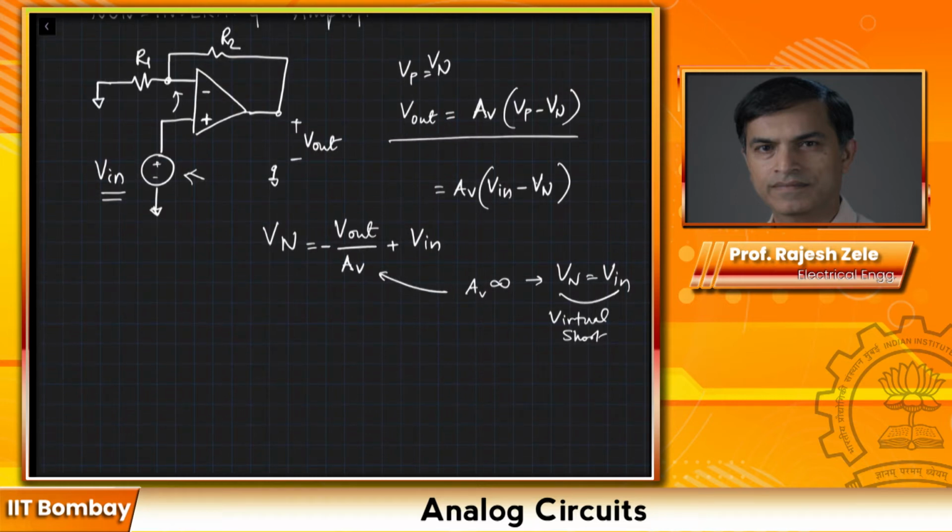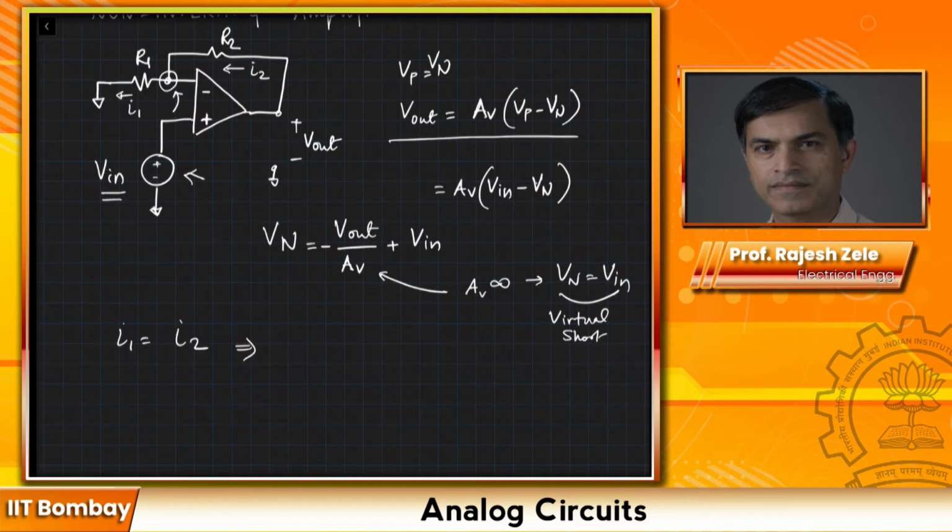Now let's look at the KCL at the Vn node, this particular node. The KCL says that, let's say the current I1 is flowing this way and the current I2 is flowing this way. So I1 is equal to I2.